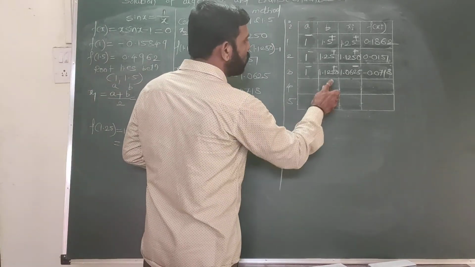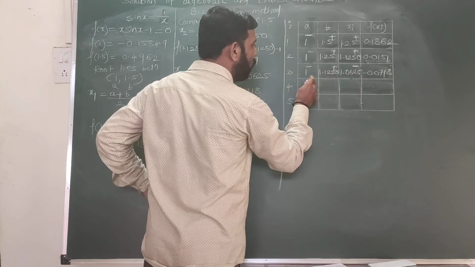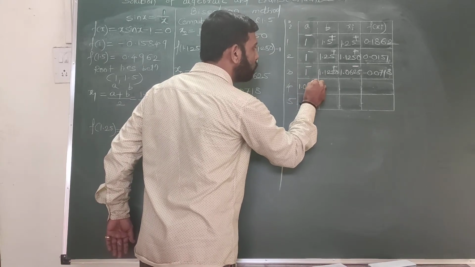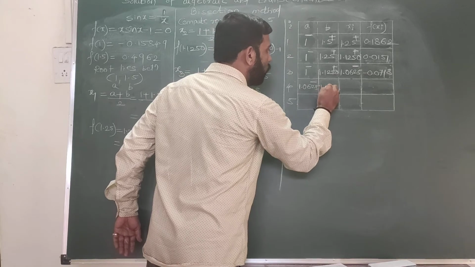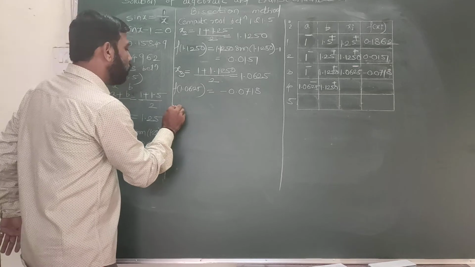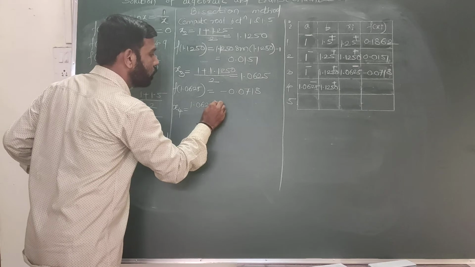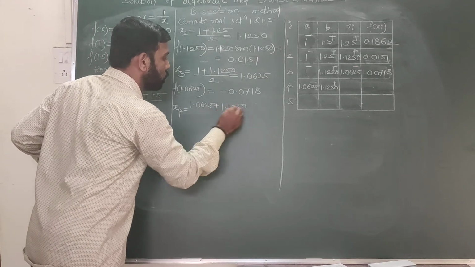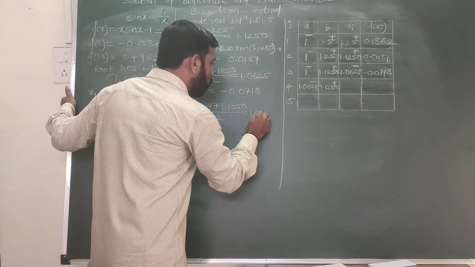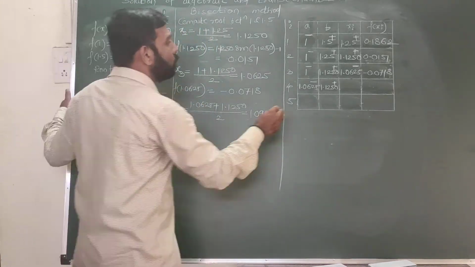Now the next two opposite symbol terms are plus and minus. So this becomes our next interval. The lowest value we write here is 1.0625 and 1.1250. Now we calculate x4, a plus b upon 2, and the x4 value is 1.0938.